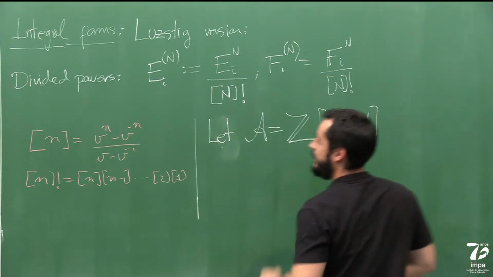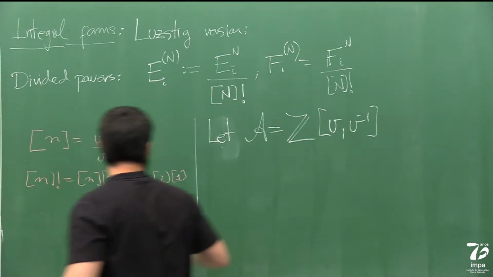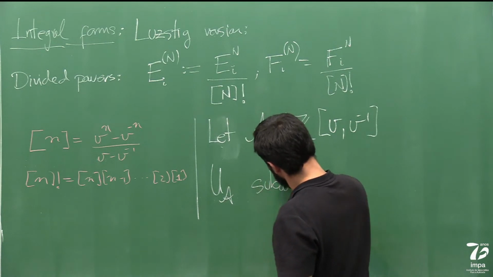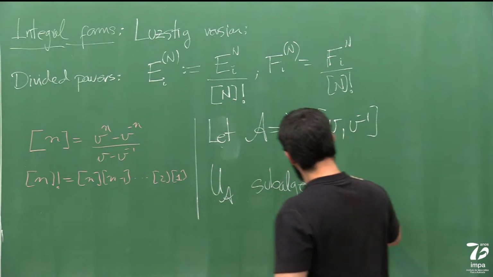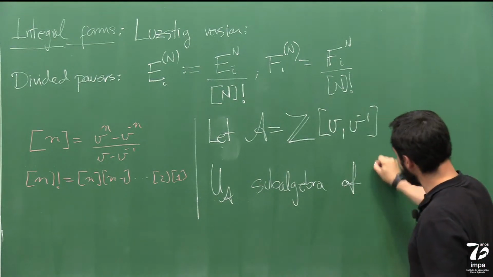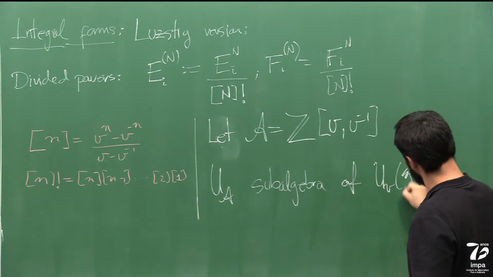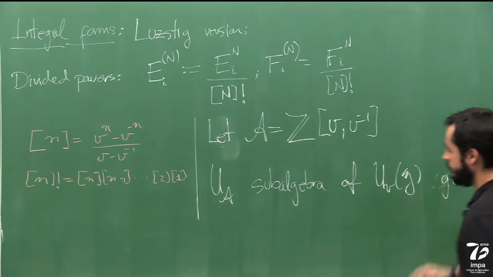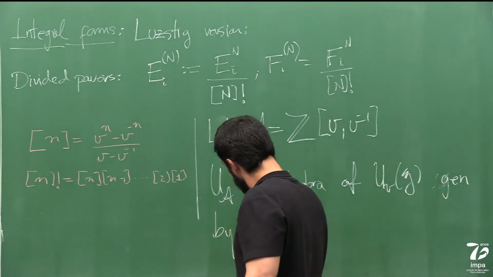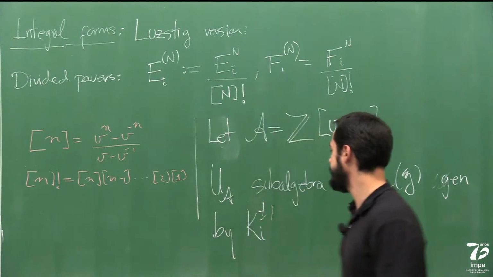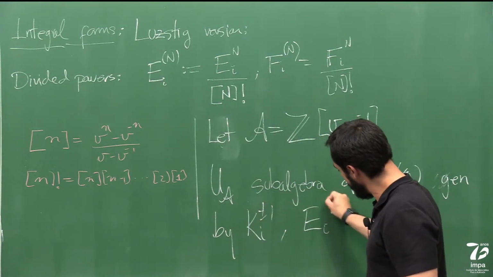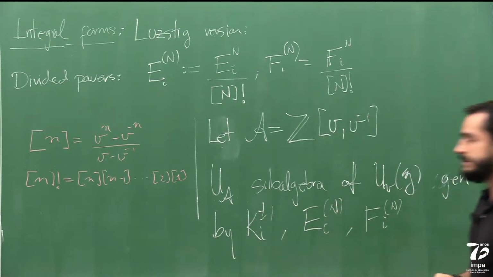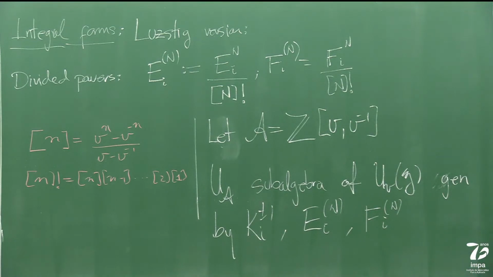Using this as my new base ring, I will define U_A as the subalgebra of my quantum enveloping algebra which is generated by both K's with the inverse and the divided powers, E_i to the n and F_i to the n. This is my new algebra with these extra, new generators.